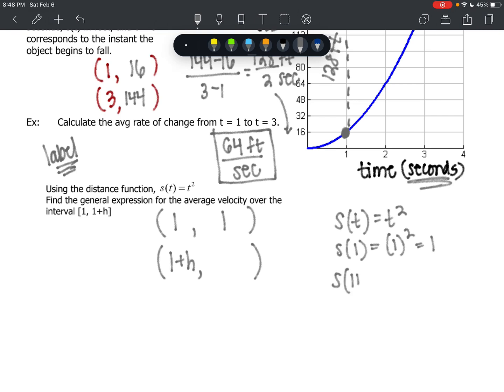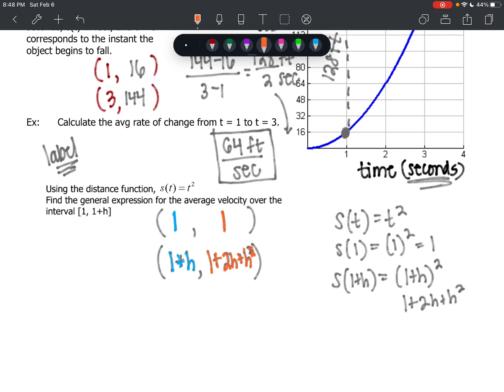When I put 1 plus h in, I get (1 plus h) quantity squared, which is 1 plus 2h plus h squared. That's a trinomial. I better use a different color. So we get a 1, and then we get 1 plus 2h plus h squared. And there's our inputs right there.